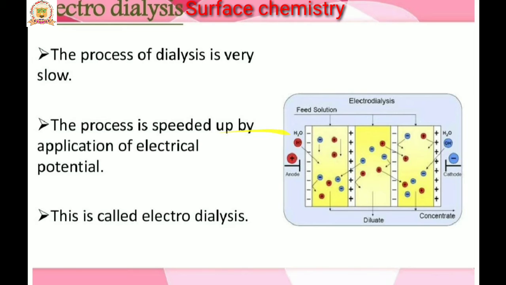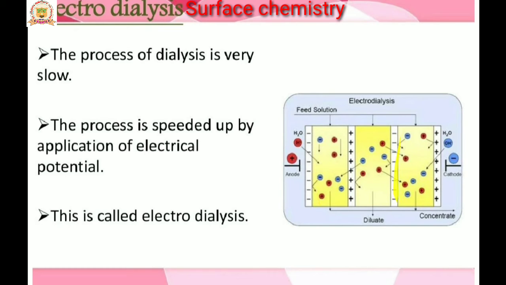See here, the process is speeded up by the application of an electric potential or electric field. This is called electrodialysis. Here, this is a colloidal solution, and this is also colloidal solution. Both are separated with the help of the semi-permeable membrane.